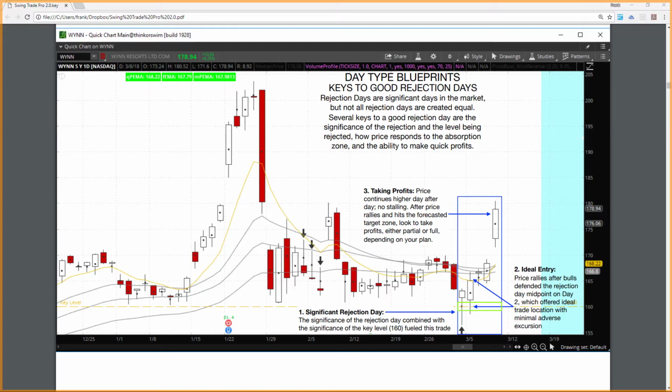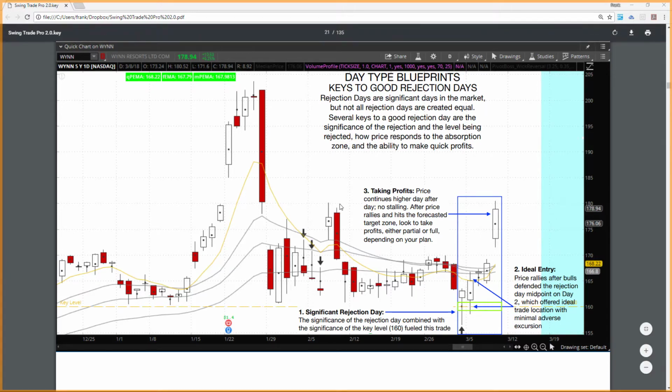Anytime price pops in your favor and hits new highs, those highs are designed for you to pay yourself, whether on the full position or by scaling out along the way. That was a huge move. Got close to 170 and then popped up and continued higher, hitting 180, the top end of the range. That was a great rejection day, a great absorption morning, and a great continuation out of that trade.